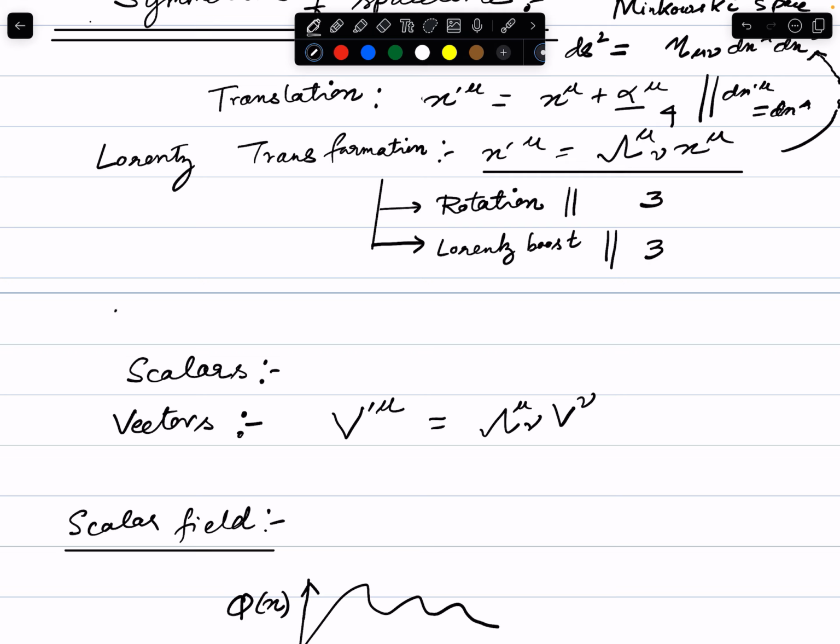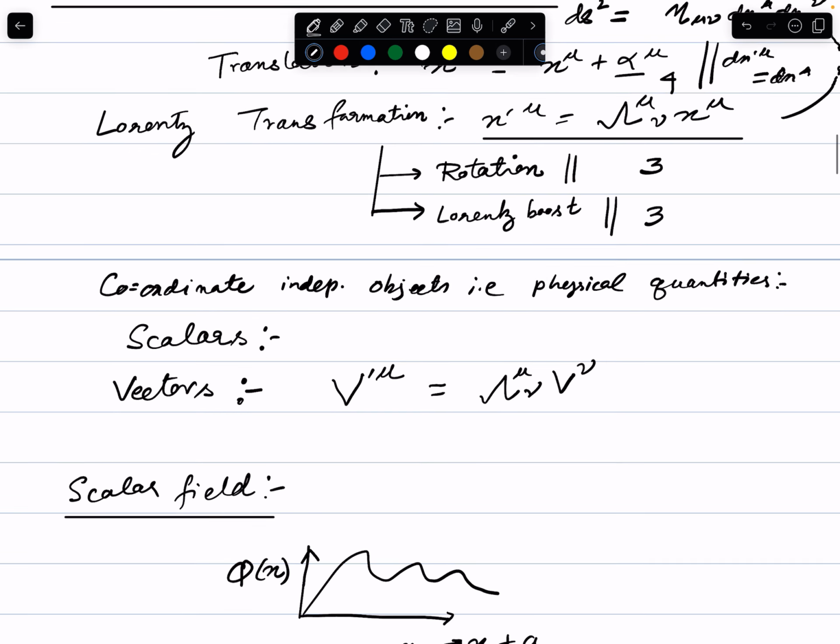These have some specific rules when I go from one coordinate system to another, which says that the physical system is unchanged. So the way we express them in terms of coordinates must be related to each other. And so scalars, what is the rule for scalars?